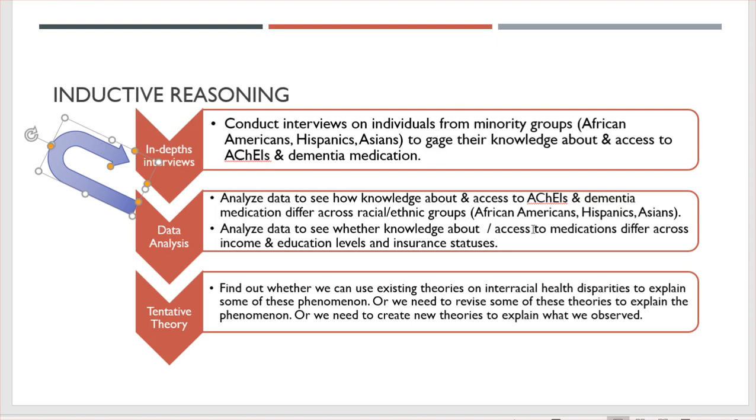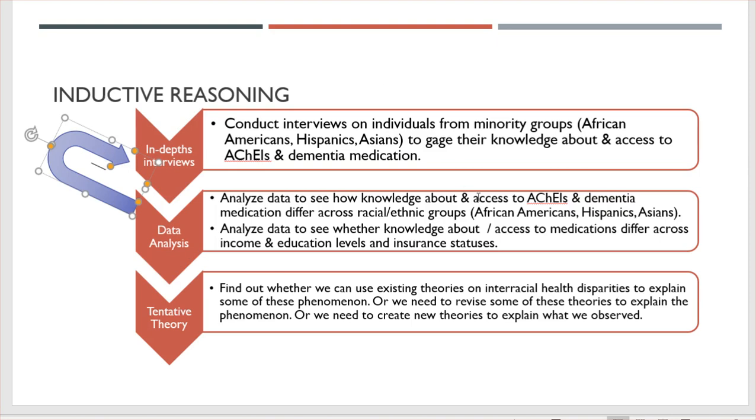Then after we analyze the data, we see, have we answered all the questions? Did they provide all the relevant answers? If not, we revise the interview questions again. We interview the same or different groups of minorities in Nebraska to find out more about knowledge pertaining to drugs or access to all these drugs to improve their Alzheimer's or dementia conditions.